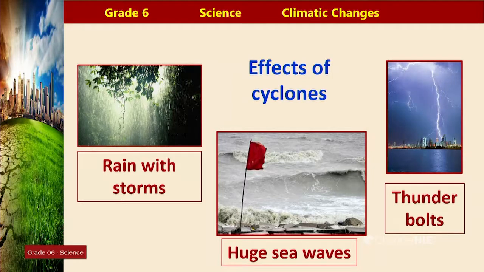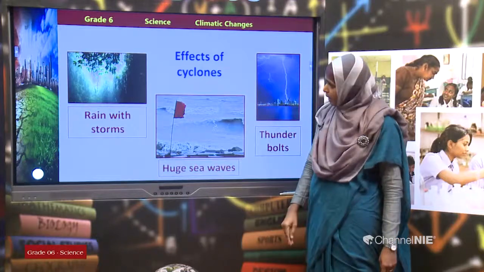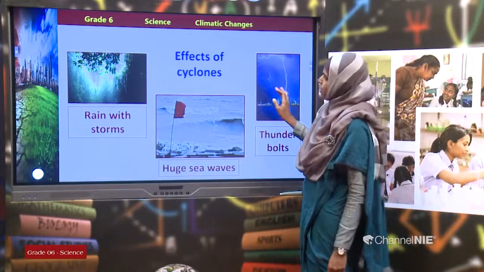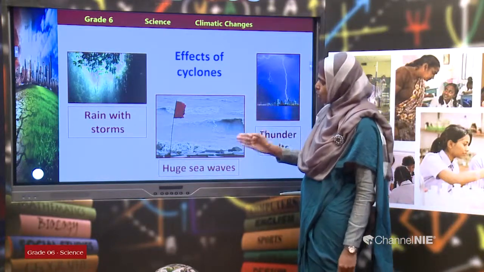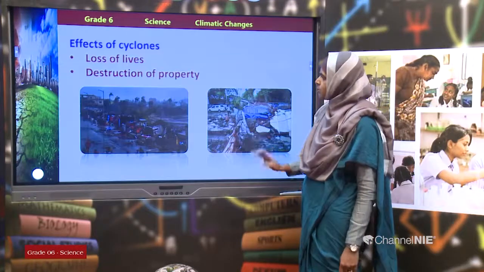Due to the strong winds, sea waves rise up and approach the land. And also, we can experience thunderbolts due to cyclones. So, due to cyclones, we will experience these effects: rain with storms, huge sea waves as well as thunderbolts.